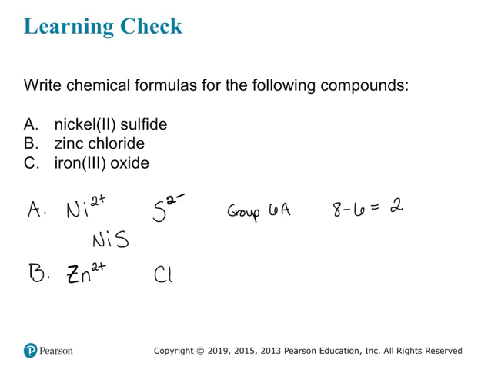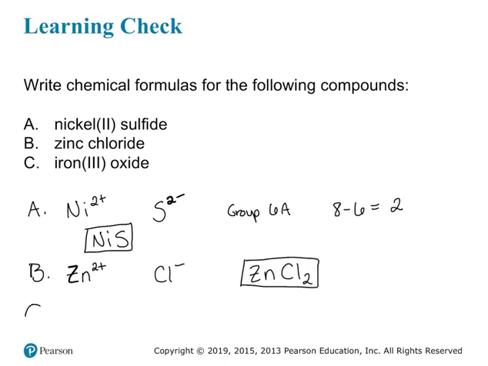What did we say the charge on chlorine was? -1. Okay, so how many of each ion do we need to balance those charges? So we need 1 zinc ion and 2 chloride ions. And here I'll put boxes around the answers.